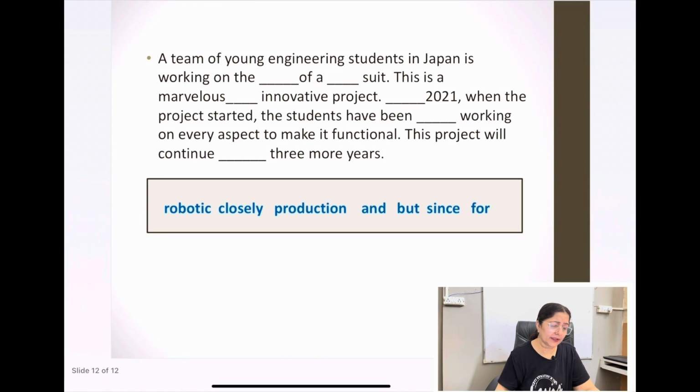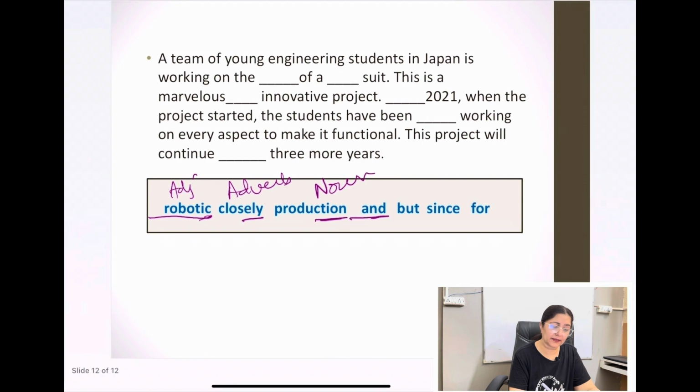A team of young engineering students in Japan is working on the dash of a dash suit. So first let's identify them. What is the first? Yes, you got it right, it is adjective. Closely, so it is what? Adverb. Production, the suffix makes it a noun.